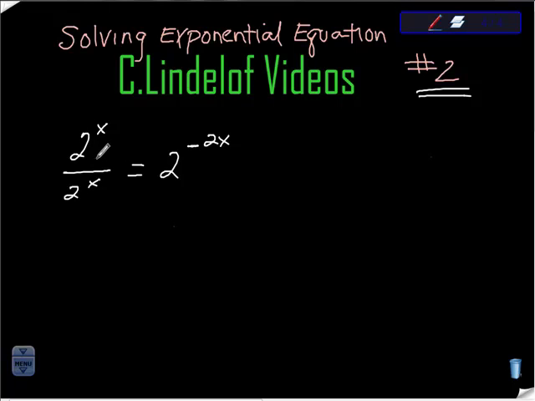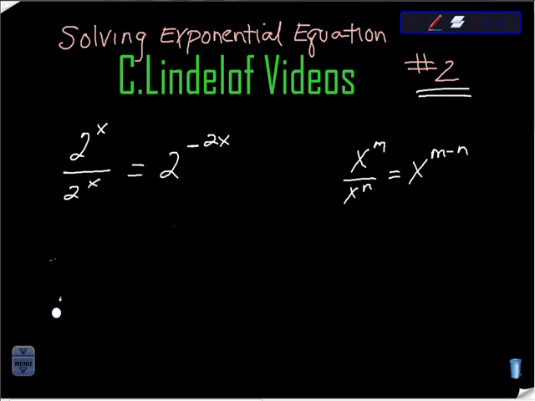Or you might use this rule: x to the m divided by x to the n is x to the m minus n. And do that and get 2 to the x minus x is equal to 2 to the 0 power. We know that 2 to the 0 power happens to be 1. Any number to the 0 power other than 0 is 1.